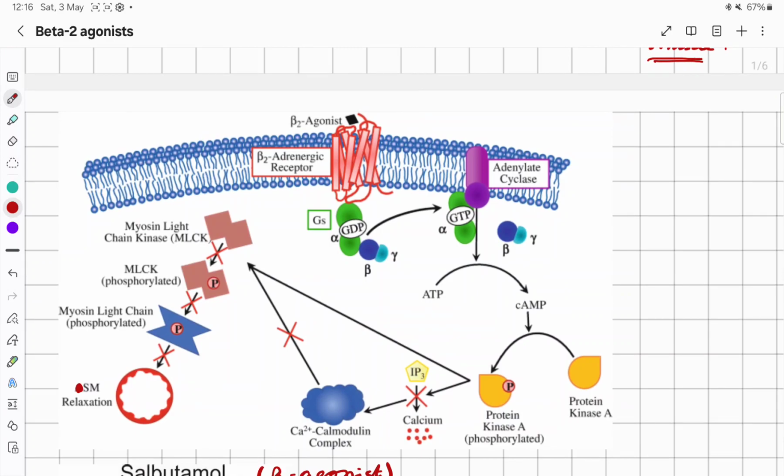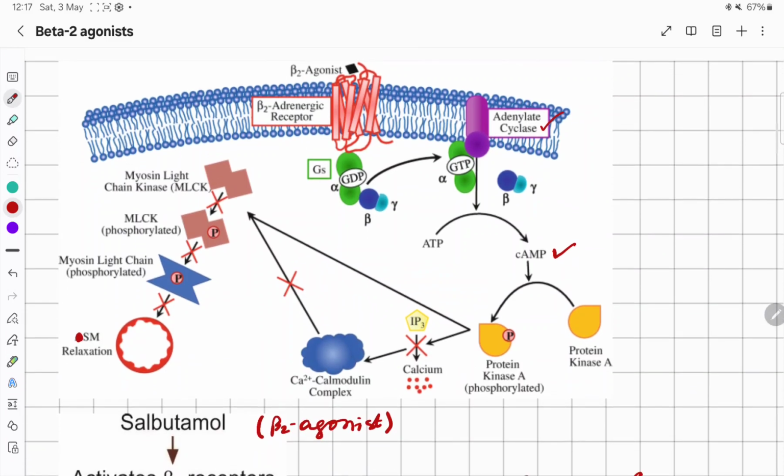As we have discussed, the effector of the beta 2 receptor is adenyl cyclase, and on activation of the beta 2 receptor by beta 2 agonists, cyclic AMP is produced from ATP by the active adenyl cyclase.